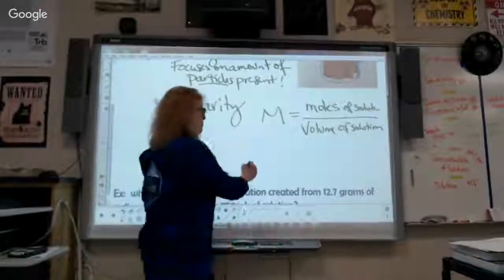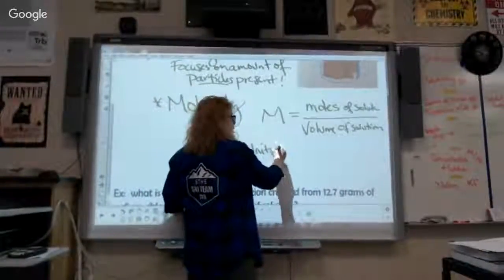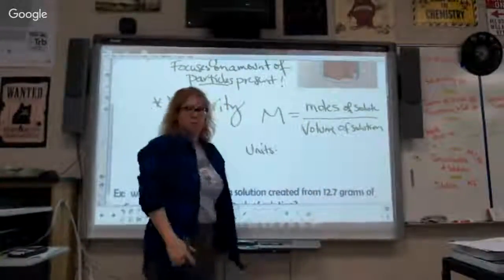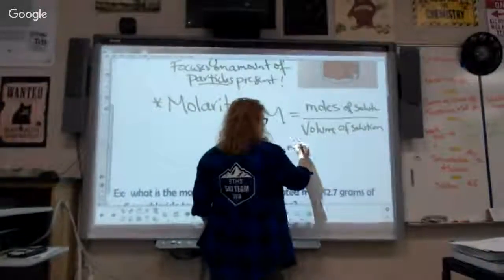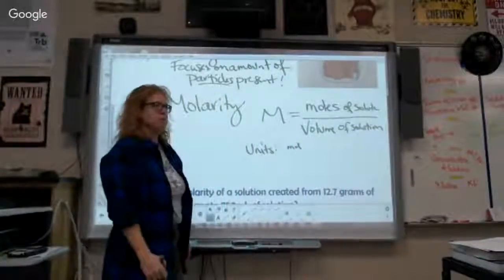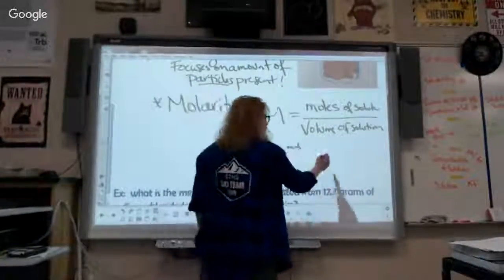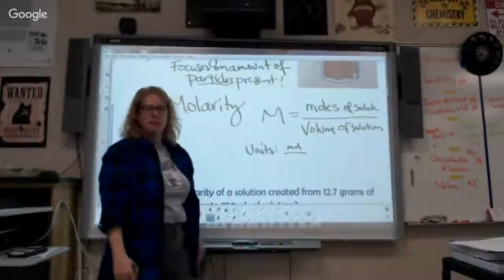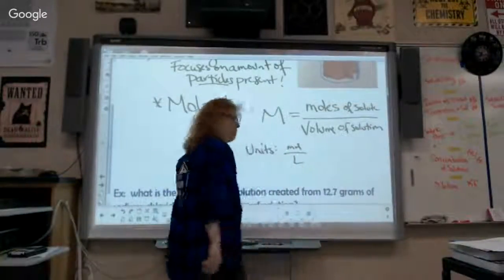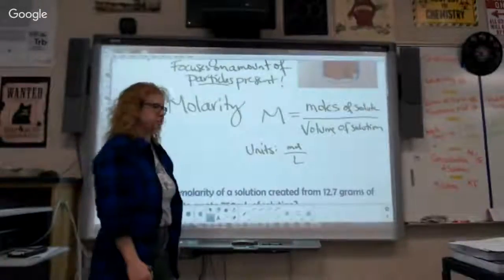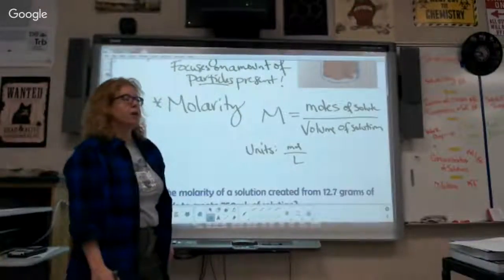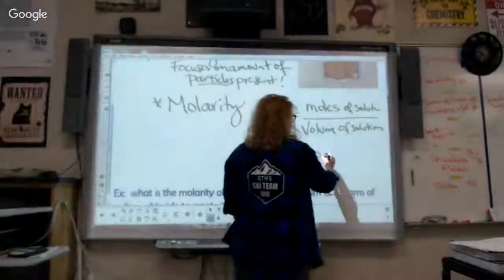So the units for this, just so you know, what's the units of moles? Mols. That's the units of moles. What's the units of volume? Milliliters or liters? Typically liters. So the units of molarity is moles per liter.